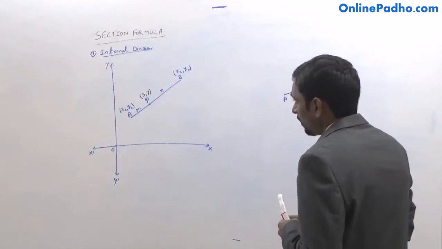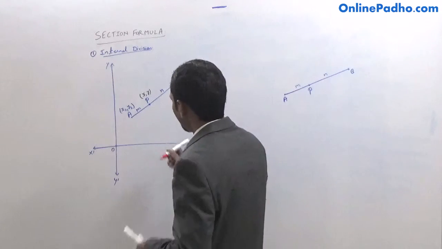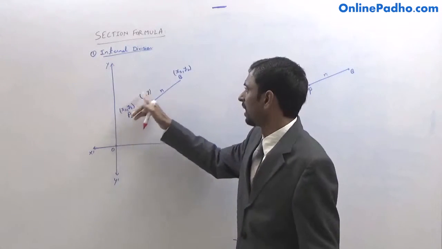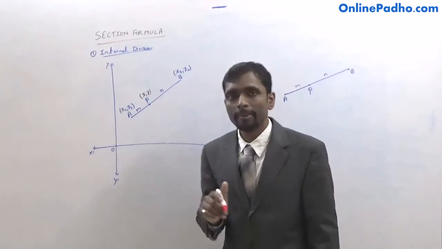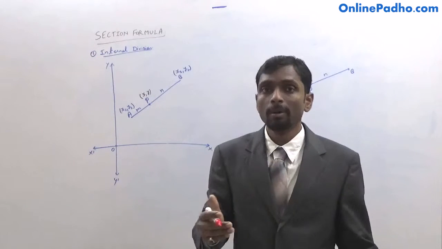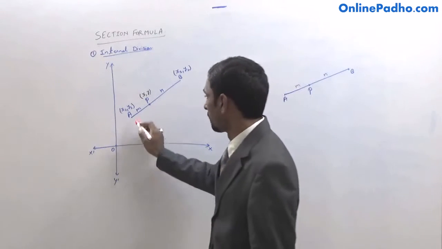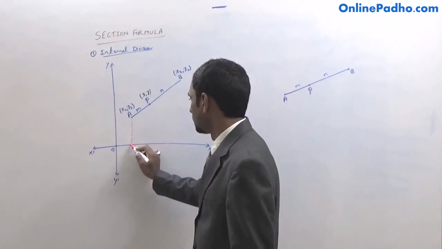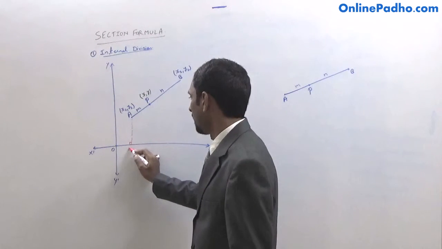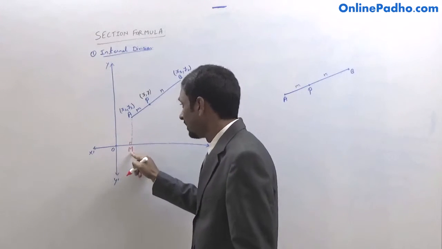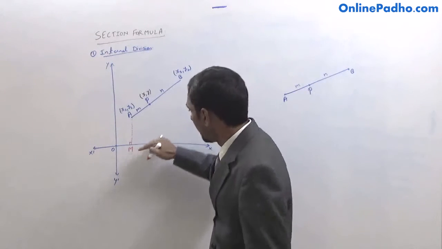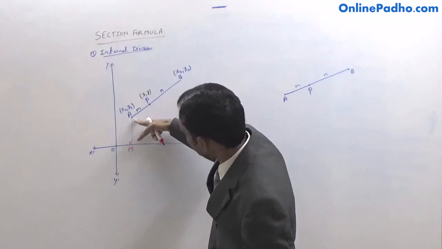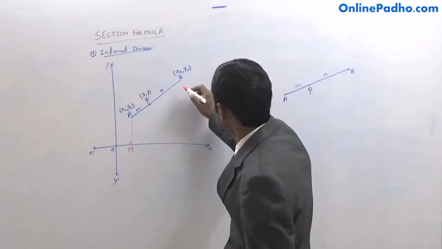To find this, first of all, we need to draw some perpendiculars to find the lengths x1, y1, x2, y2, x and y. We don't know what x1 is. If we draw the perpendicular from point A to the OX axis, call this point M. So OM is the length which is called x1 and MA is the length which is called y1. What do we mean by x2, y2?